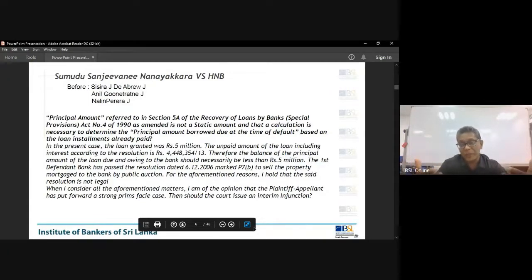Now, after this incident, it can be challenged. If you execute, they can quote the decision given by this Supreme Court, Sumudu Sanjeevani Nanayakkara versus HNB. Because the judgment was given in favor of Sumudu, you cannot execute the Parate. So if you are going to apply all these things, there is an issue.